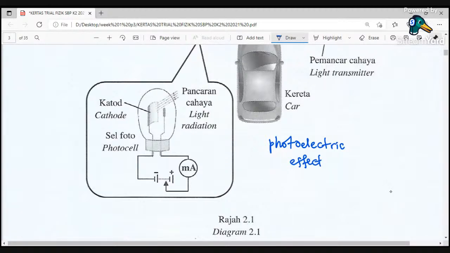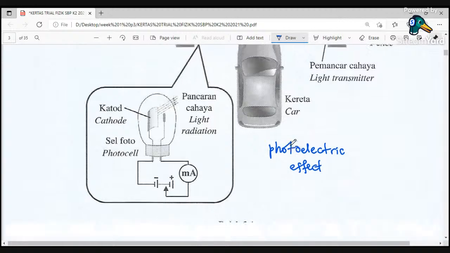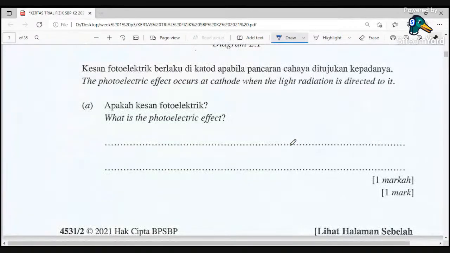When light rays or photons hit the cathode at a value of threshold frequency, electrons will be emitted. So we call it the photoelectric effect. What is the photoelectric effect? So we can write the definition for the photoelectric effect.